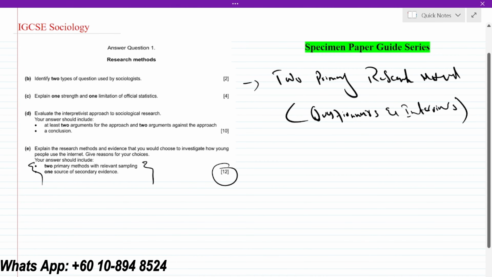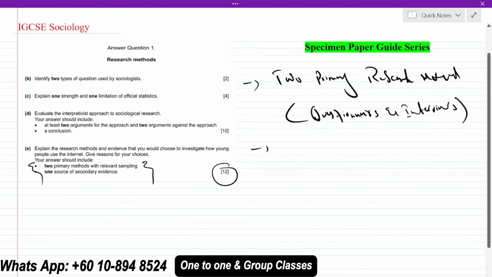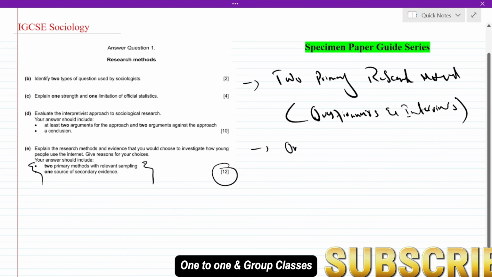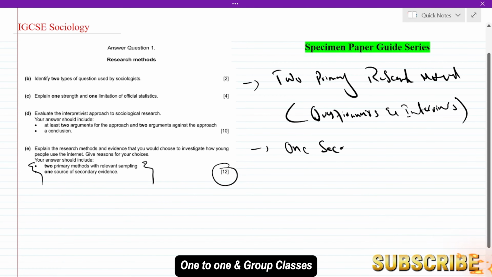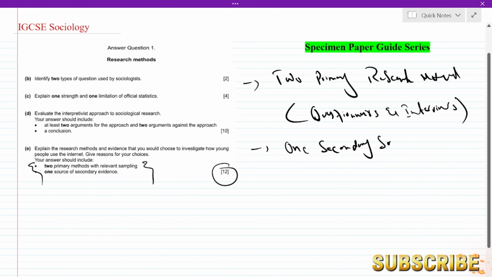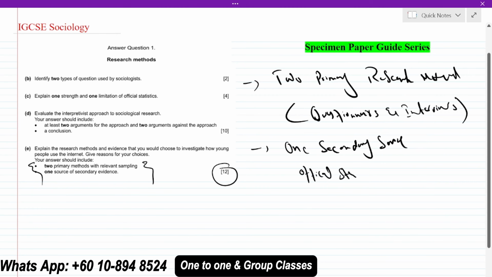And the second thing that we have to add is one secondary source, and that could be either official statistics or academic studies. And then you have to provide the reason for choice.